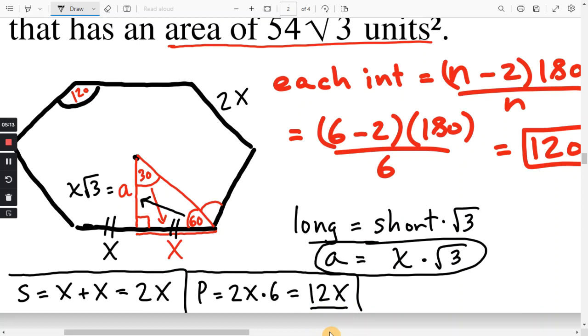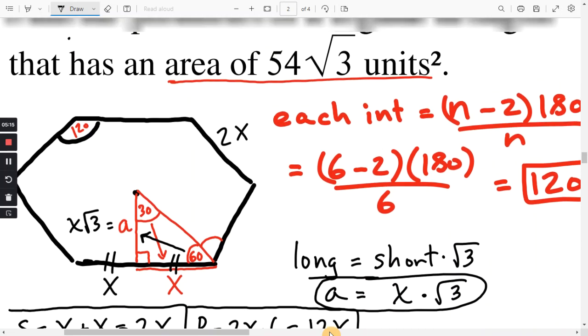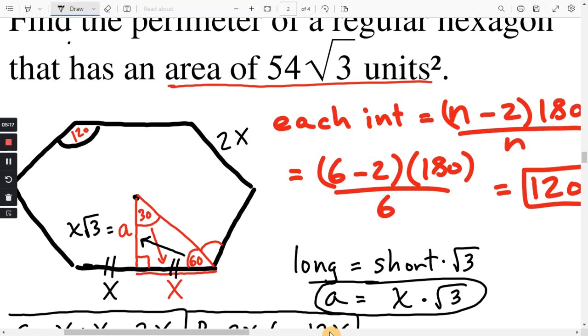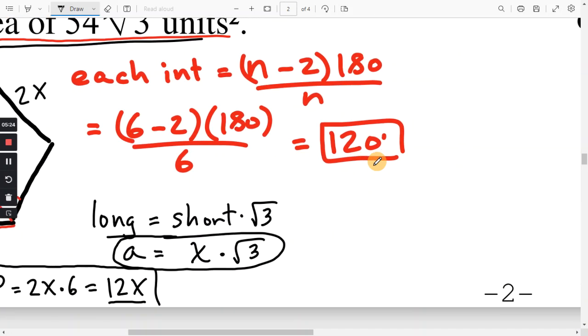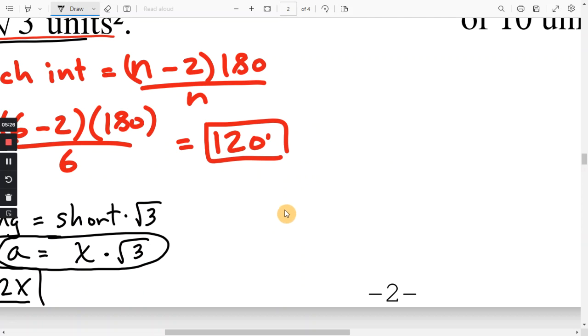And now we can solve the equation. It says the area is 54 radical 3. So what we can do is, if I have enough room, I'll do it right here. They said the area is 54 radical 3.